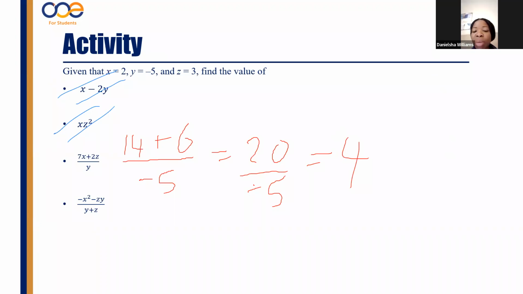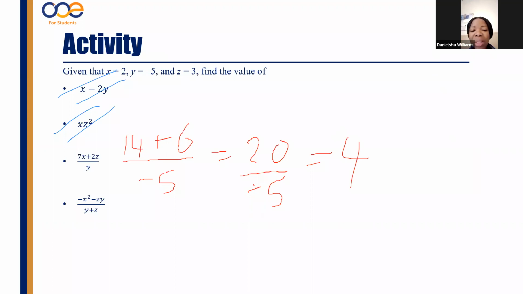Okay, is it a positive 4 or a negative 4? So positive. Okay, so your answer should be negative 4. So remember, when we're working with positive and negative numbers, especially in division or multiplication, if one of your terms is negative, your answer will be negative.